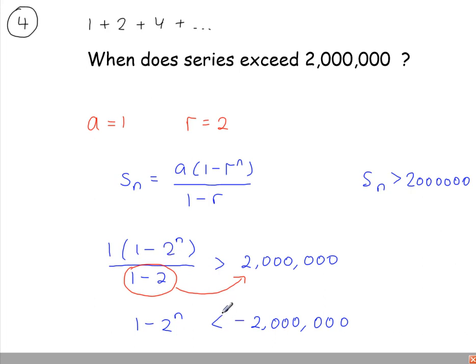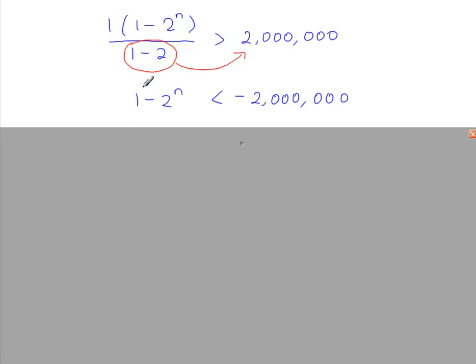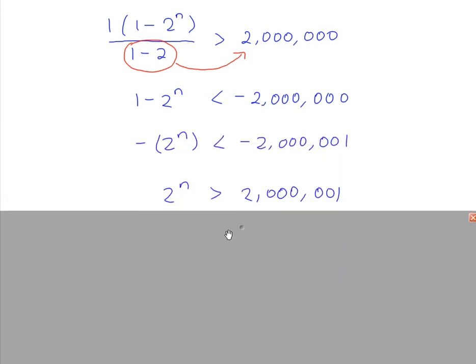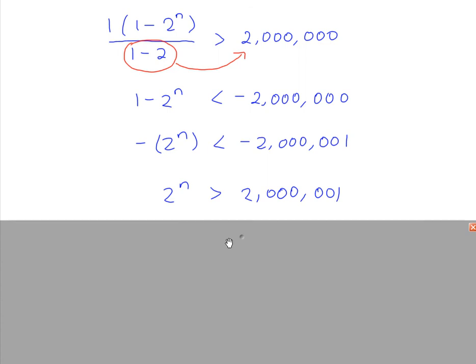So on the right hand side, you get minus 2 million and 1. Multiply both sides by minus 1, so you're changing signs. Again, if you're multiplying both sides by minus 1, then you have to reverse the inequality. So it goes from less than to more than.